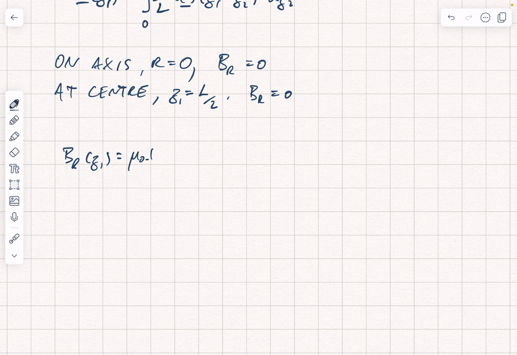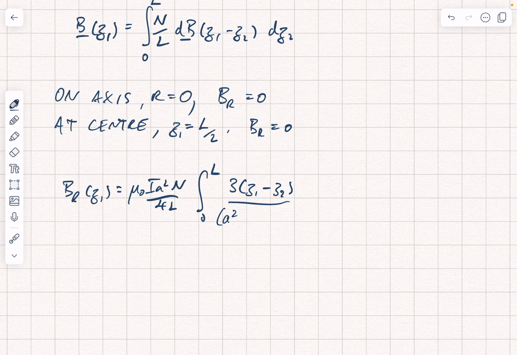That's mu naught IA squared multiplied by n over 4L. We have the integral from 0 to L of 3 Z1 minus Z2 divided by A squared plus Z1 minus Z2 squared.